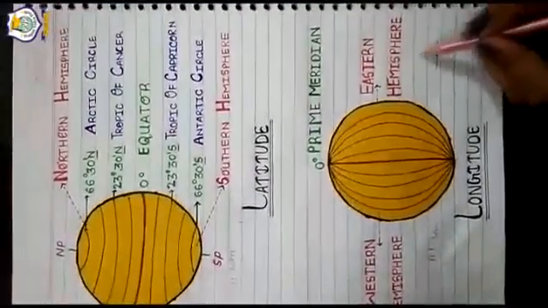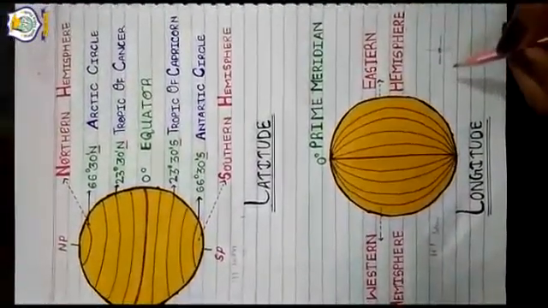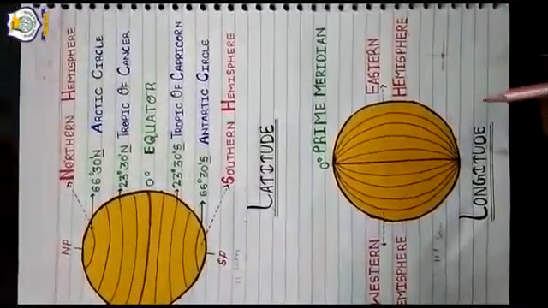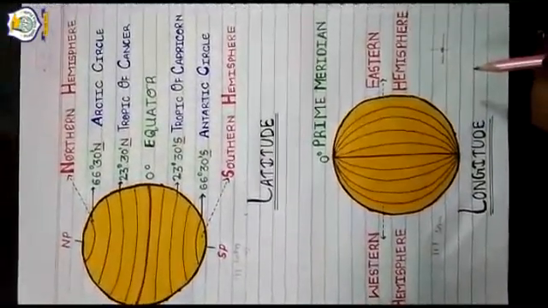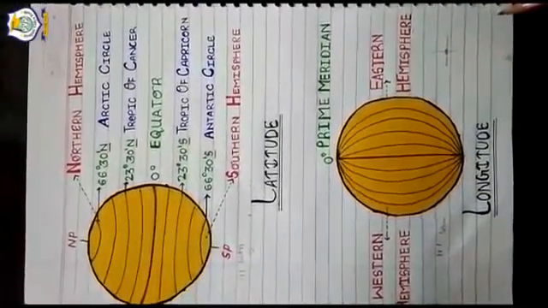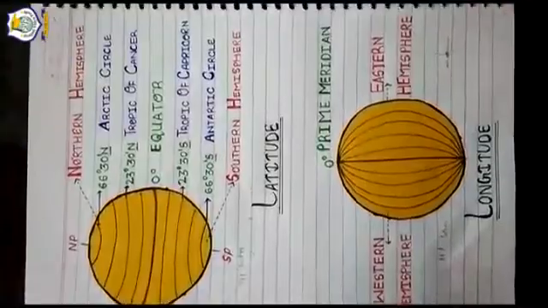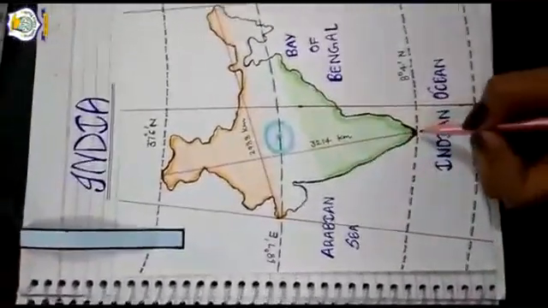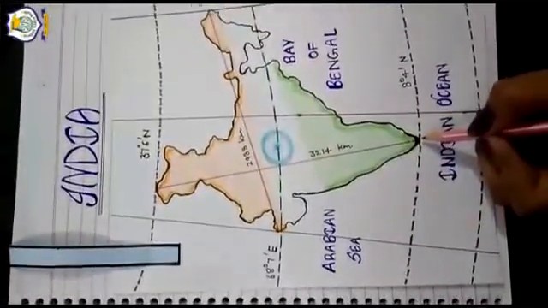Now if we take any point on the map, we need all directions like north and south, east and west. So these imaginary lines give the exact location of any place. Now let's talk about the position of India with respect to latitudes and longitudes.